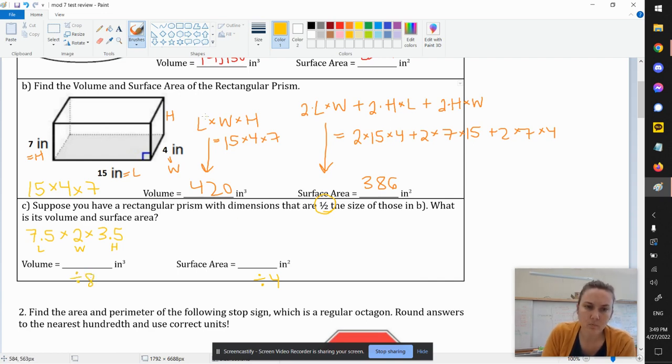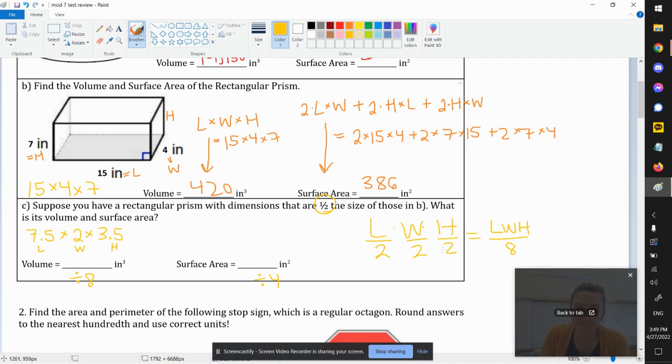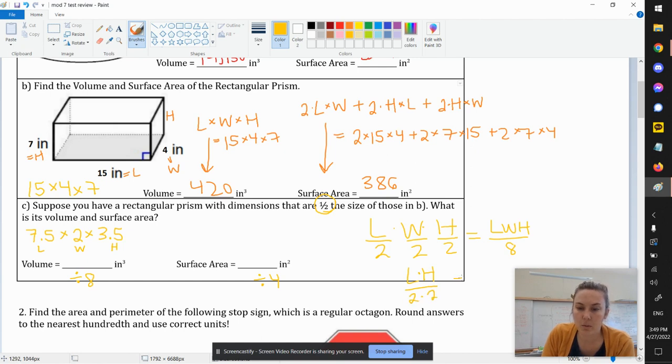Here's why. If each of the length and the width and the height were divided by 2, overall, that's length times width times height divided by 8. And if area, which is generally 2 variables, if each of these were divided by 2, that's the area divided by 4.